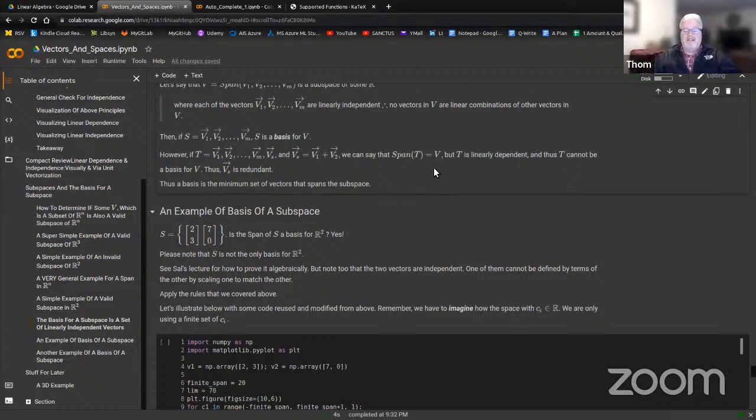It's even still a valid subspace, but T is linearly dependent, and thus T cannot be a basis for the subspace V. Why? Because Vs added some redundancy.